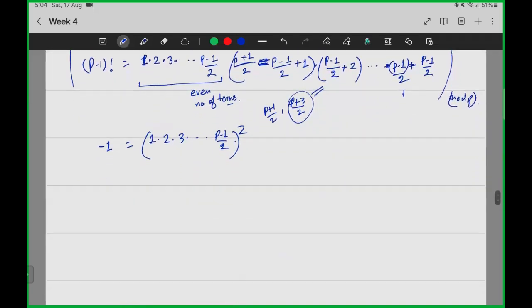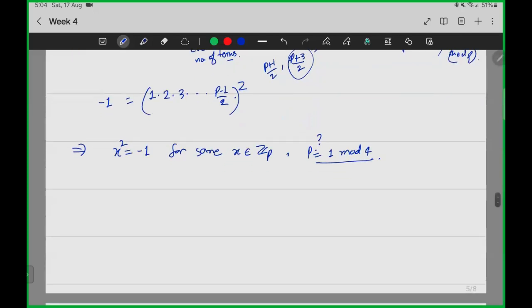So x square is equal to minus 1 for some x in Z_p. Now we have to check the other direction. This part is trivial, right? x to the power 4 is equal to 1 for some x in Z_p.